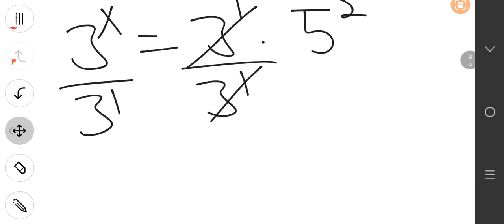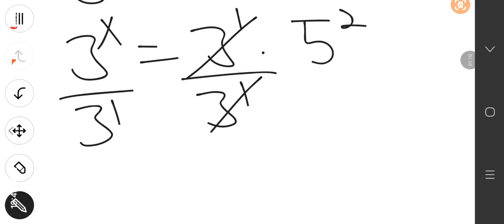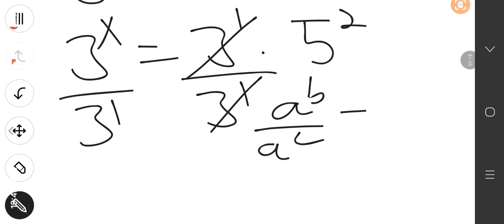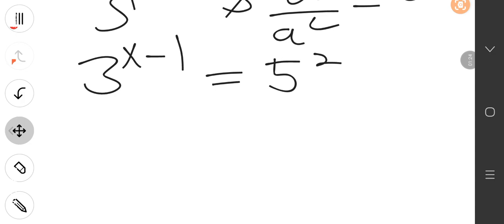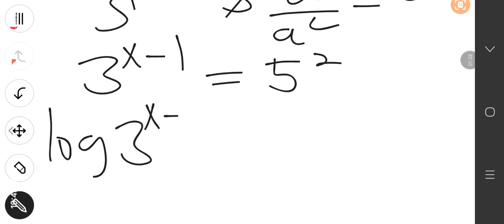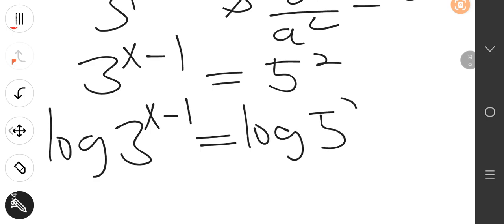Now let's apply the quotient law of indices. So a^b over a^c equals a^(b minus c). So you're going to have 3^(x minus 1) = 5 squared. Now let's apply logarithm. So we say log 3^(x minus 1) = log 5 squared.